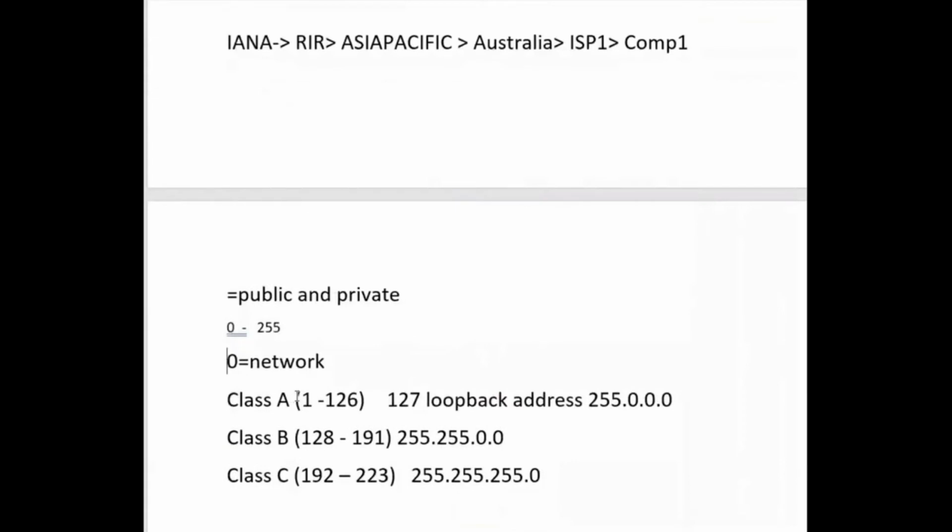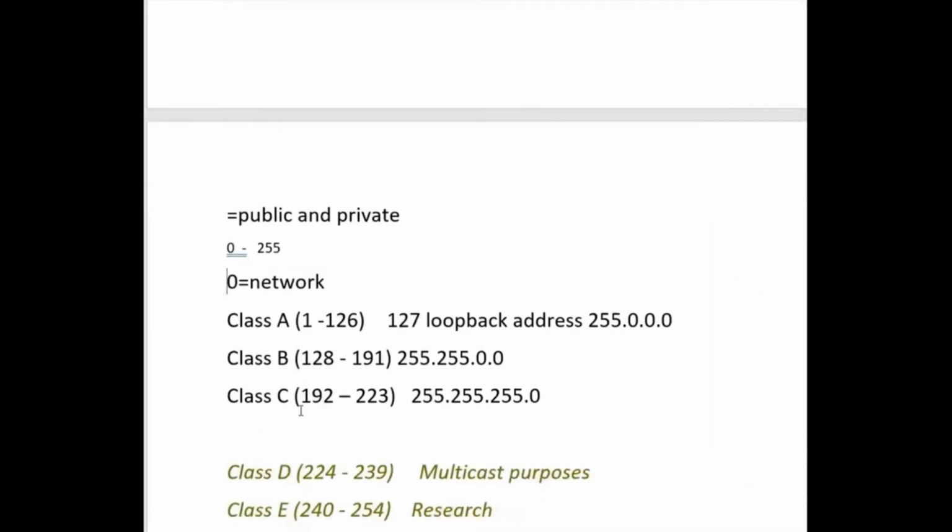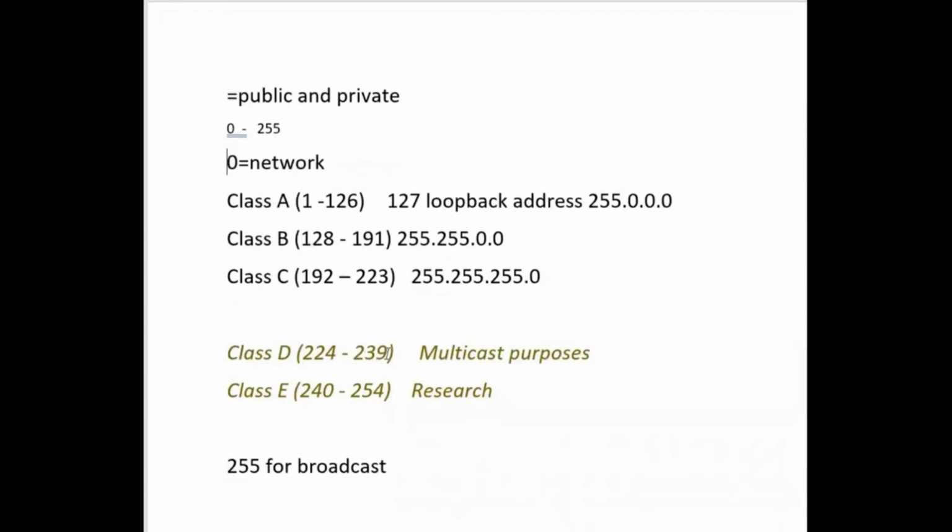All the addresses from 1 to 126 are class A. 128 to 191 is class B. 192 to 223 is class C. Then 224 to 239 is class D. 240 to 254 is class E.